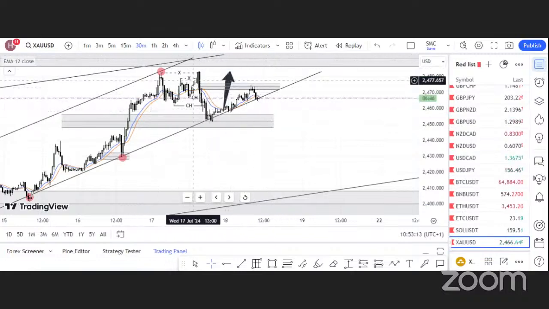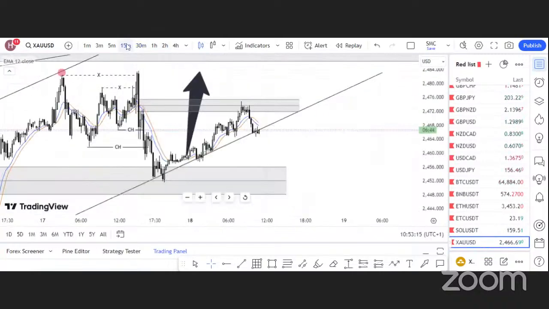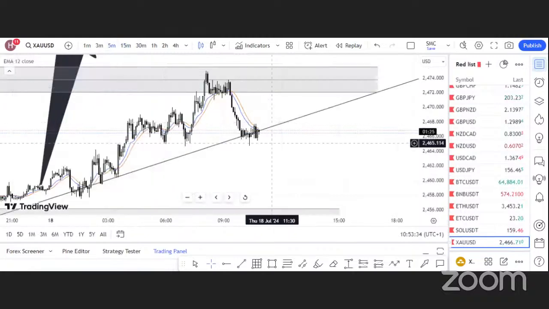So let's just wait and see. I think we have 6 minutes to the end of this candle. Oh, sorry, we don't have up to 6 minutes to the end of our session.